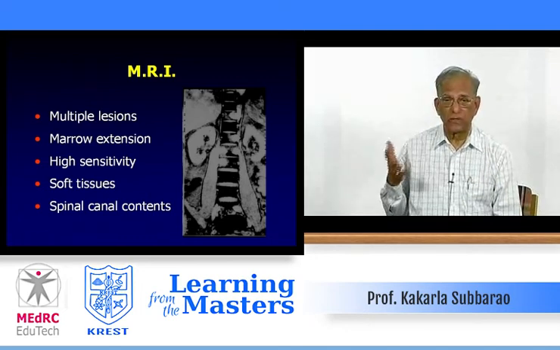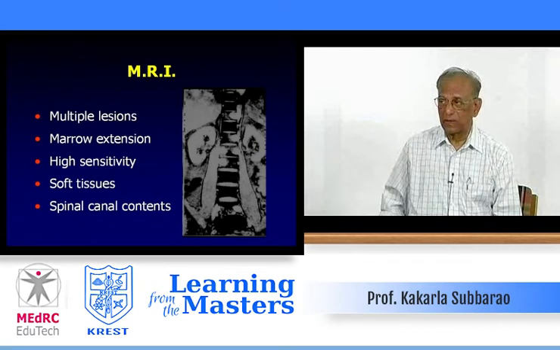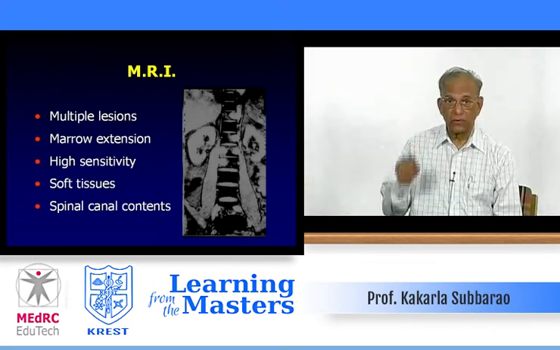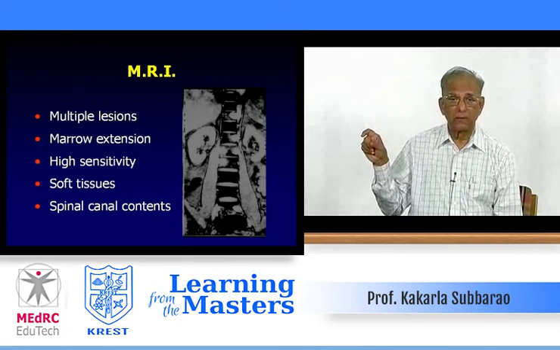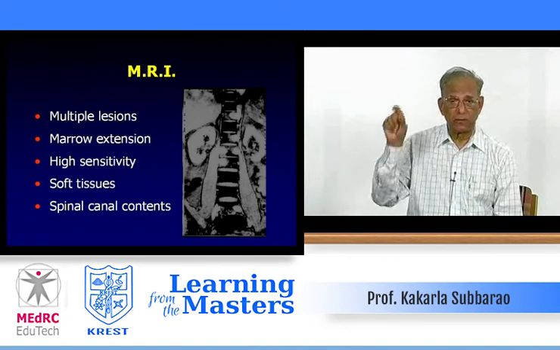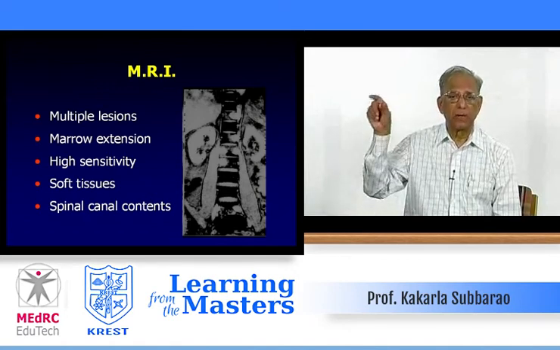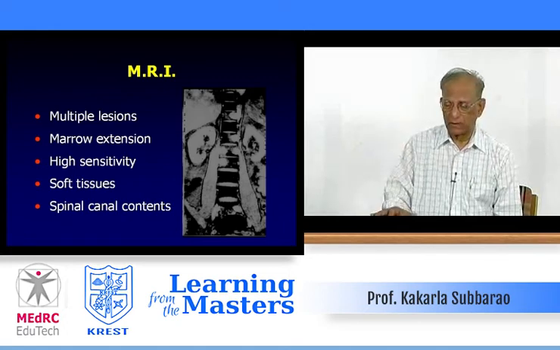Multiple lesions, as we said earlier, marrow extension from one bone to the other, high sensitivity like isotope bone scan. Soft tissue involvement is better seen, and spinal canal contents also, which may be involved, for example, dura, subdural, or the spinal cord may be involved by extensive pressure or extension to the cord.